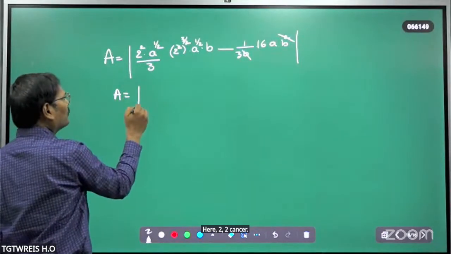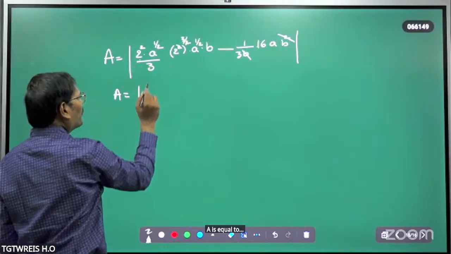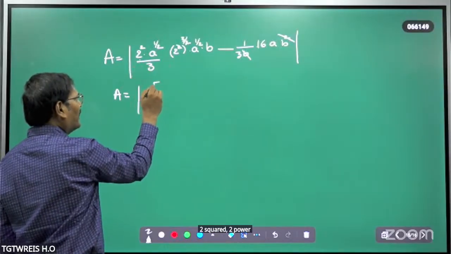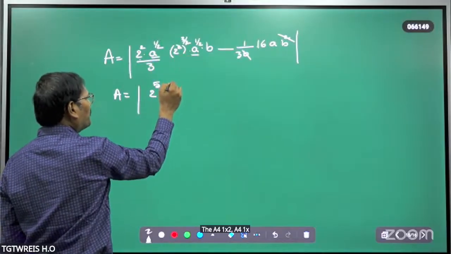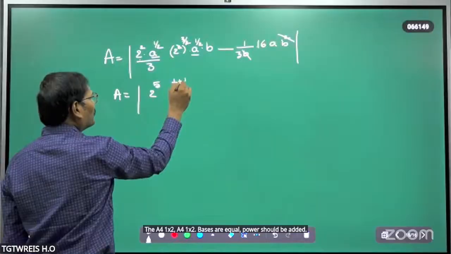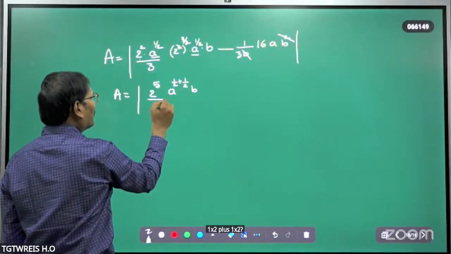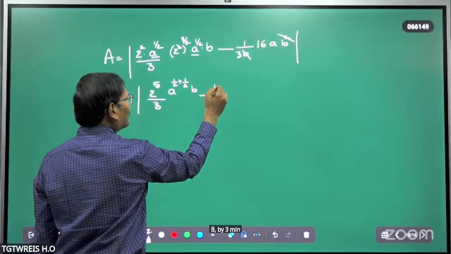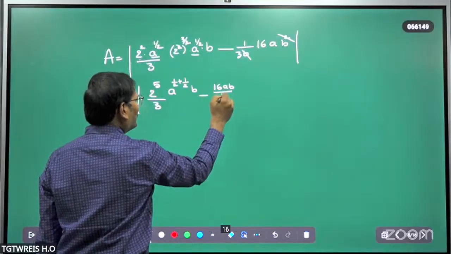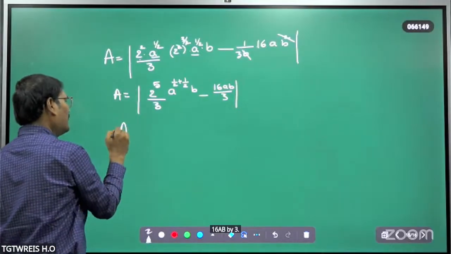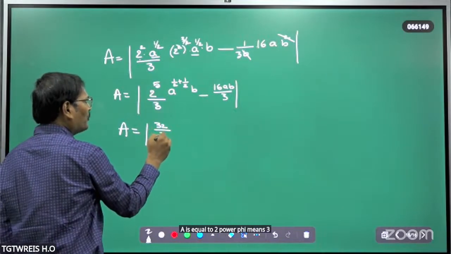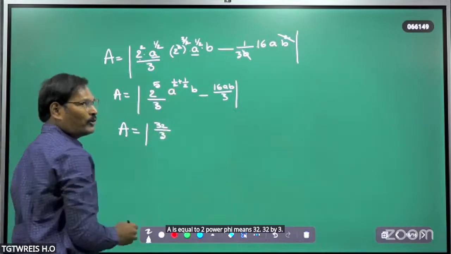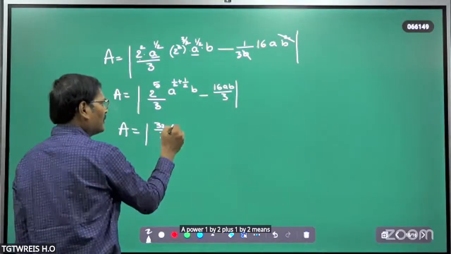A is equal to 2 square, 2 power 3, 2 power 5, a power 1 by 2. Bases are equal, power should be added. 1 by 2 plus 1 by 2, b by 3 minus 16 ab by 3. A is equal to 2 power 5 means 32 by 3. A power 1 by 2 plus 1 by 2 means A.